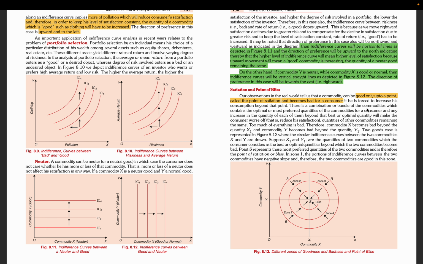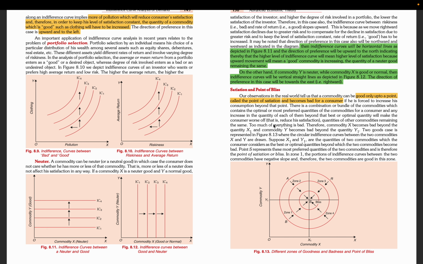There is a bundle of commodities which contains the optimal or most preferred quantities of the commodities for a consumer, and any increase in the quantity of each of them beyond that optimal quantity will make the consumer worse off. So if you increase the amount of that particular commodity, it's just going to make him worse off.